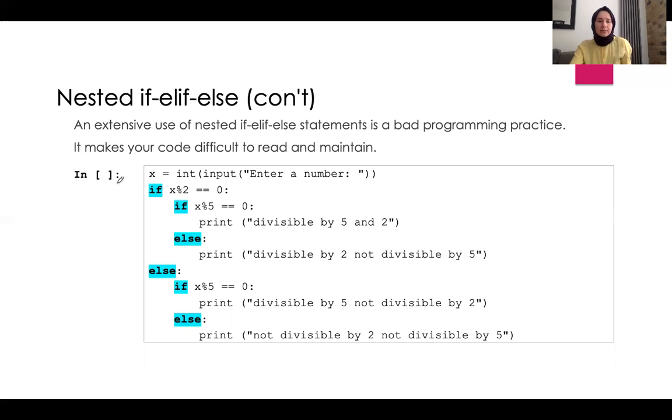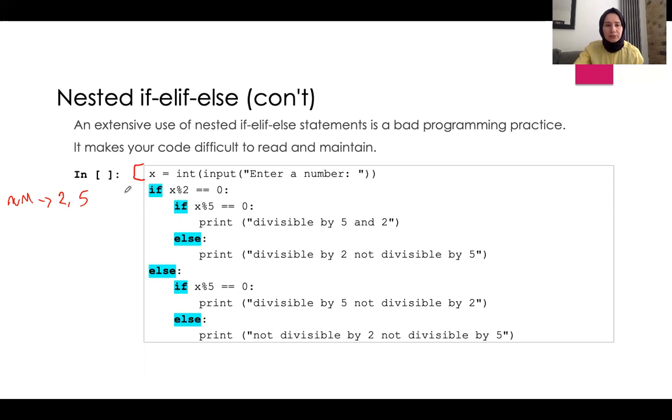So in this example, it is asking user for an input for a number. Then the code checks if the number can be divided by 2 and 5. And to solve this kind of problem, a nested if is used. So let's see how it has been used here.